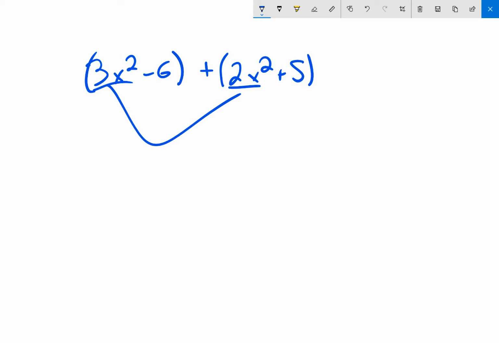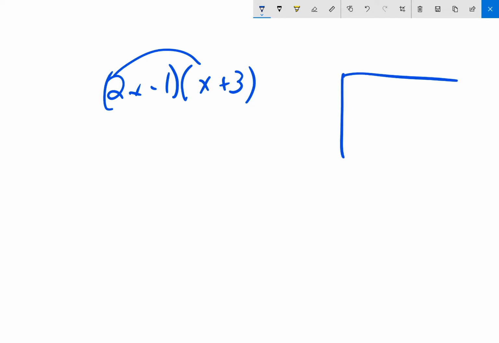You only change exponents when you're multiplying terms like we did in the last one. But I'm not multiplying these, I'm adding these. 3 plus 2 is 5, so we'll have 5x squared, okay, because they're the x squared terms. And then you've got the other like terms, negative 6 plus 5. Negative 6 plus 5 is negative 1, so it's 5x squared minus 1 as your answer.